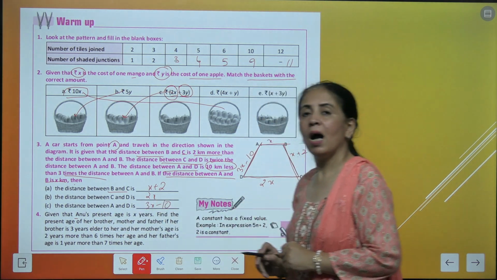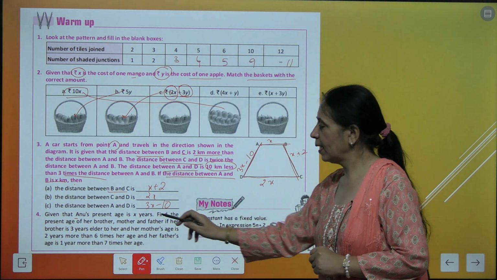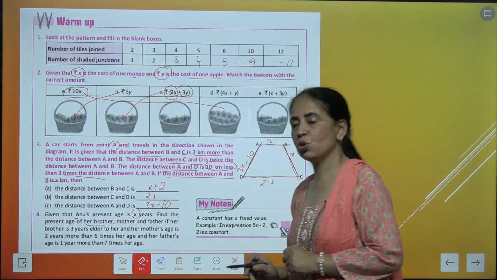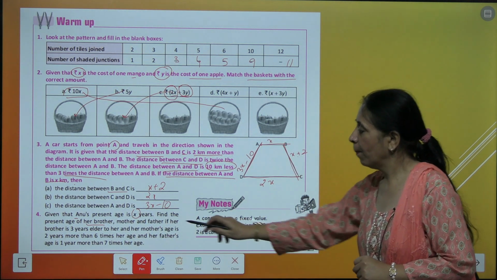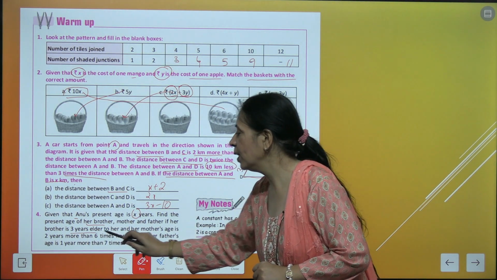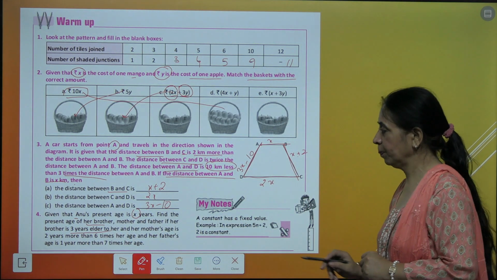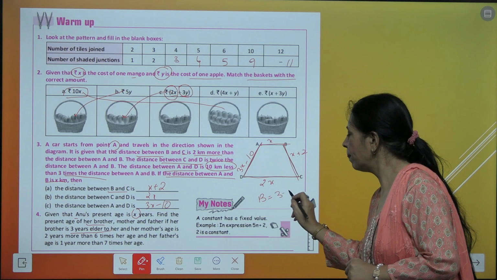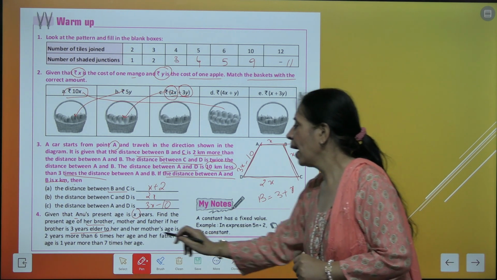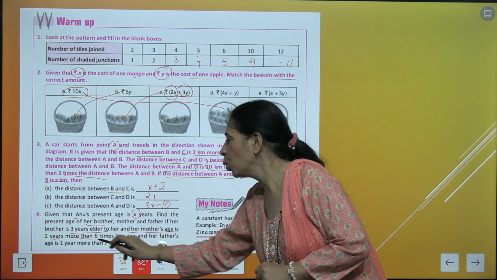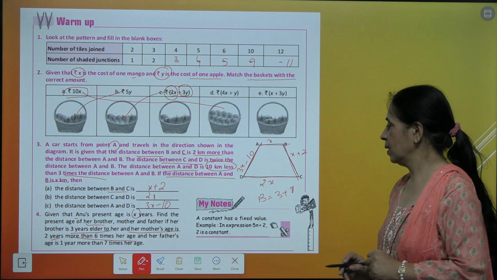Given that Anu's present age is x years, find the present age of her brother, mother and father if her brother is 3 years elder to her. This means the brother's age is 3 plus x, and her mother's age is 2 years more than 6 times her age.